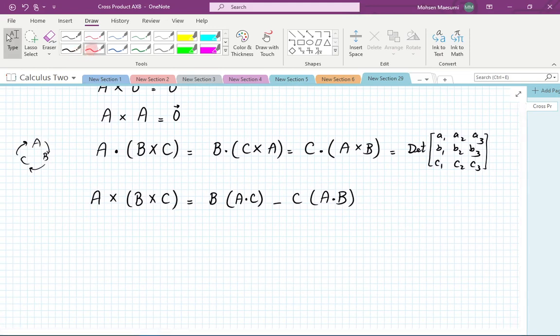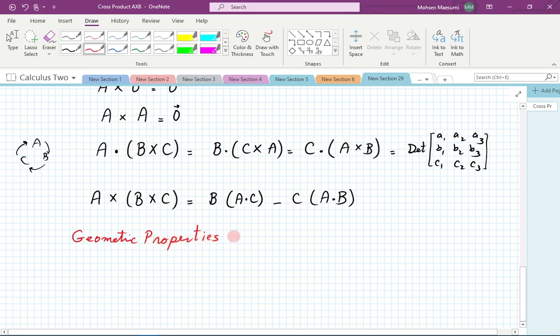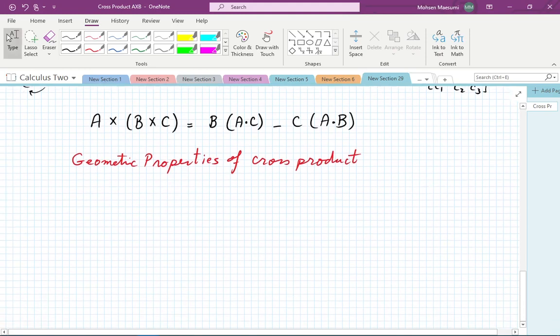Now let's make a bit of sense of what this thing really represents. One way to understand that is geometric properties. What are we trying to achieve by this rather complicated operation?